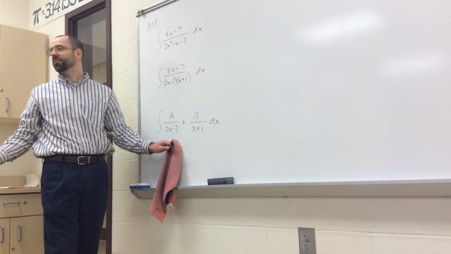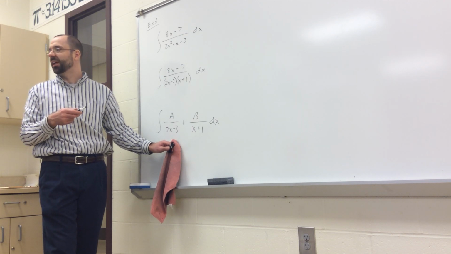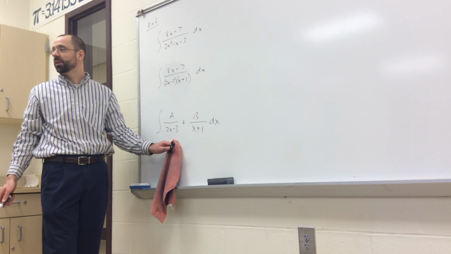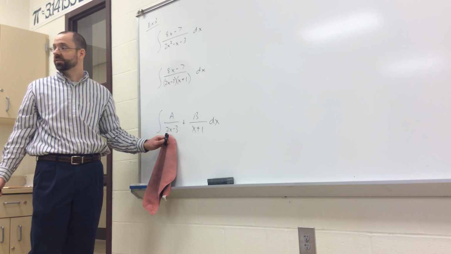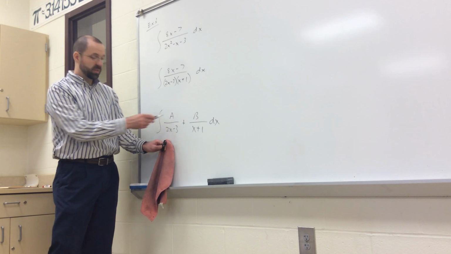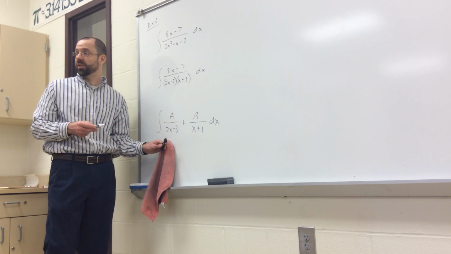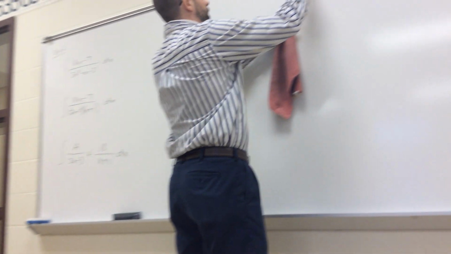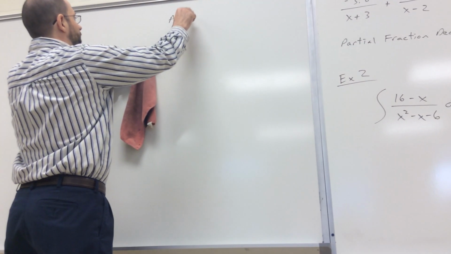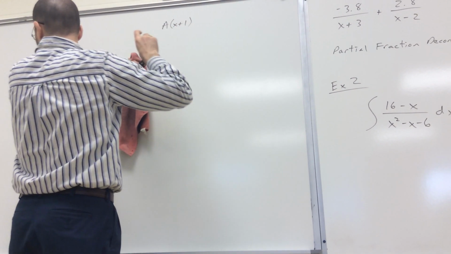Okay, so now we need to go off to the side and figure out what this capital A is and what this capital B is. And the way you do that is you pretend you know what they are and you add these fractions. So this fraction would need to be multiplied by x plus 1 over x plus 1. So that would be A times x plus 1 over the denominator.